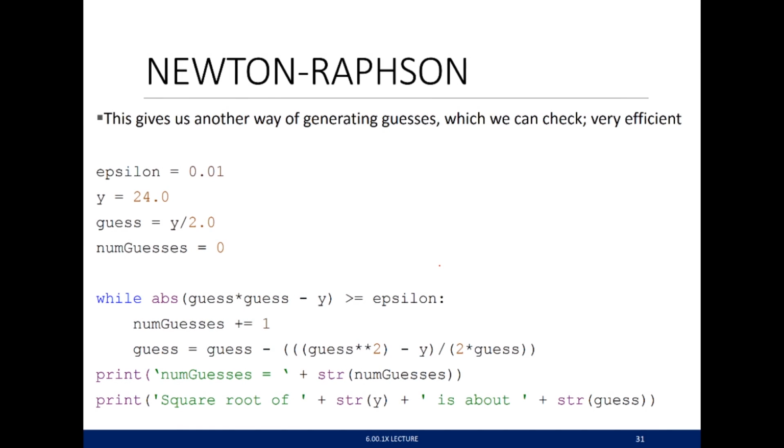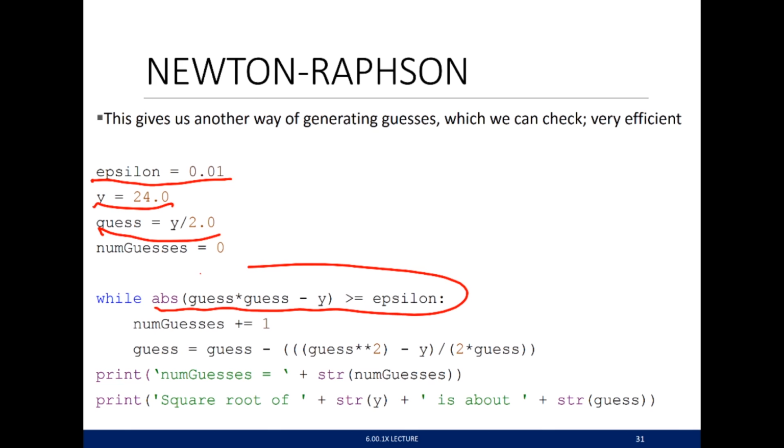So here's a nice way of generating the guesses. Again, I'm going to have some epsilon that's going to let me decide how close I am to an answer. I've got the thing I'm going to look for, and my initial guess I'm just going to pick as that value divided by 2. And then here's the loop. As long as the absolute value of guess squared minus y is too big, I'm going to keep going.